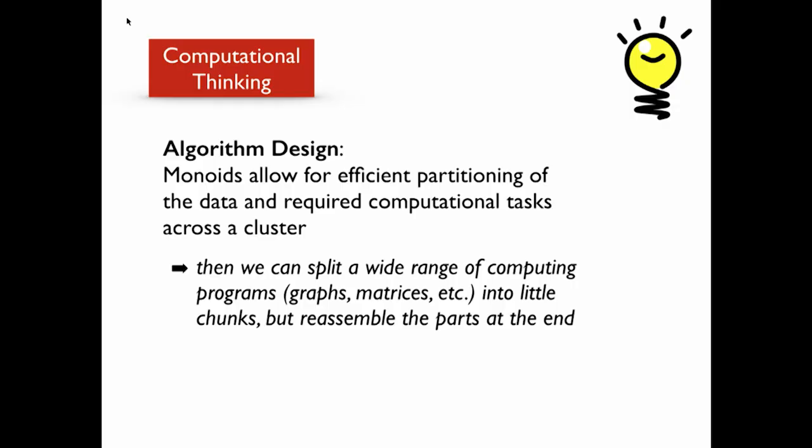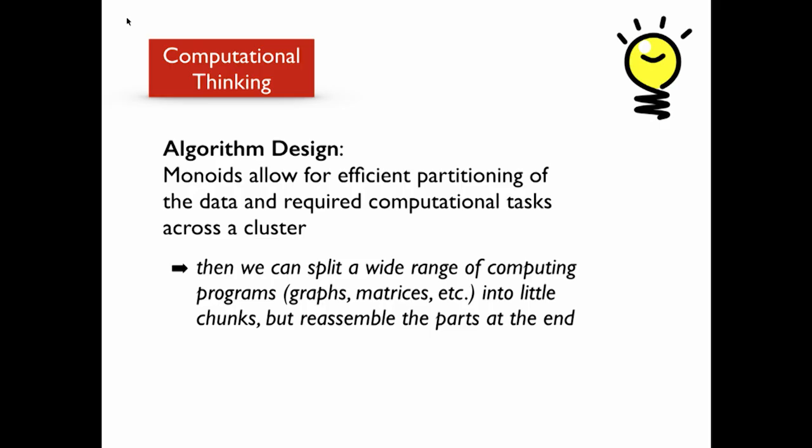So we could say that graphs, monoids, and sparse matrices all fit together really well in the sense of computing with very, very large sparse data sets. Now, in terms of computational thinking, this is interesting. When we talk about designing algorithms, monoids allow for efficient partitioning of the data and essentially cutting up the computational tasks to send them out across a cluster.